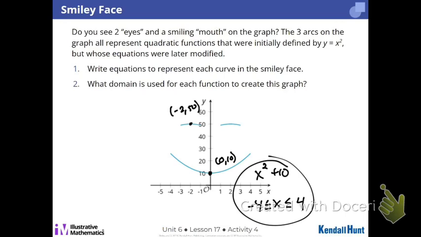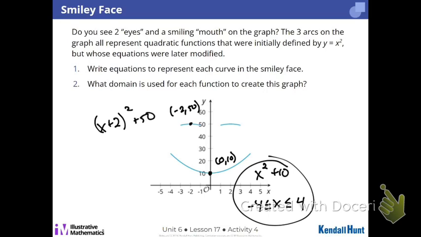So right here, I have vertex (-2, 50). Who can tell me the two shifts I would need to make to change my vertex from (0, 0) to (-2, 50)? Sean? You need to shift it up 50 and to the left. So 2 left is going to be x plus 2 squared, and then up 50.